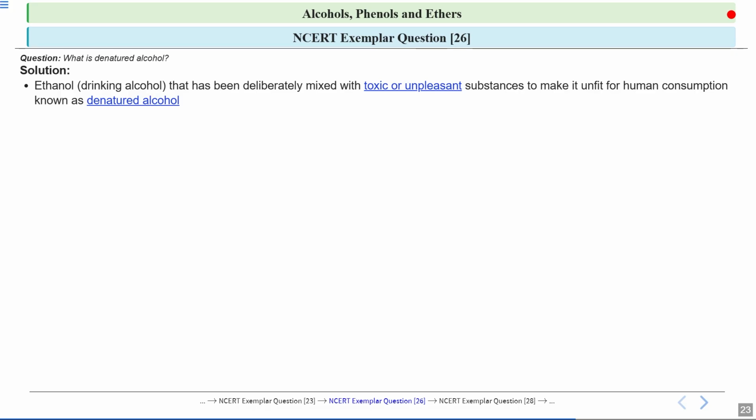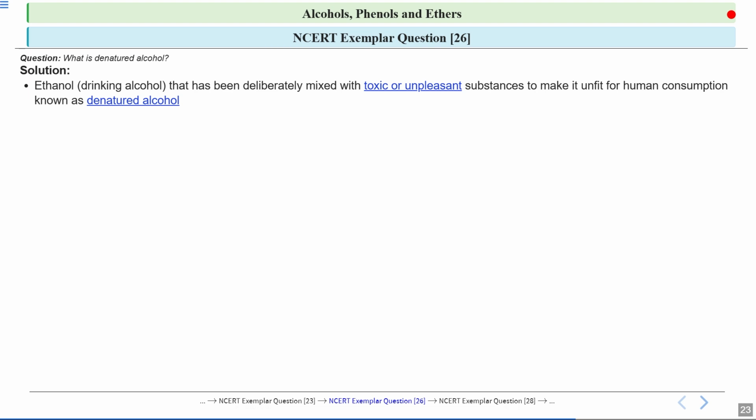Ethanol that has been deliberately mixed with toxic or unpleasant substances to make it unfit for human consumption is known as denatured alcohol. So basically denatured alcohol is essentially ethanol which is mixed with toxic or unpleasant substances.